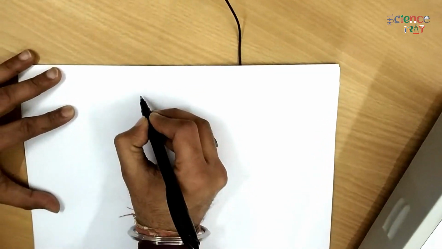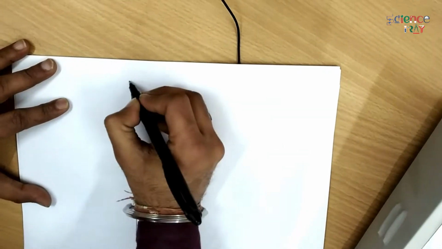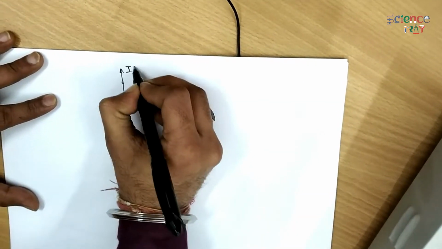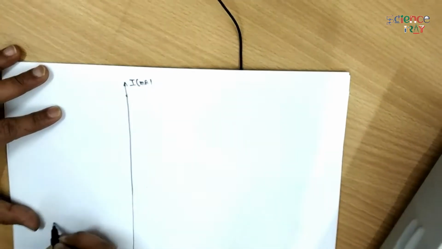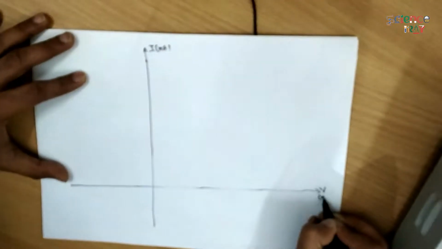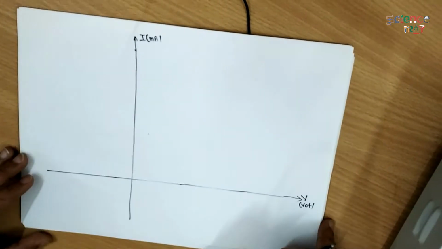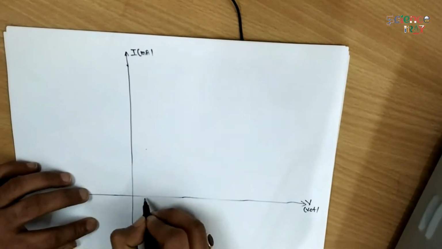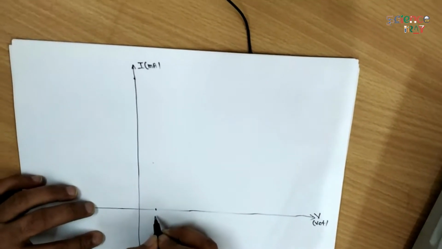We will plot the graph here. This is current, and this is our voltage.